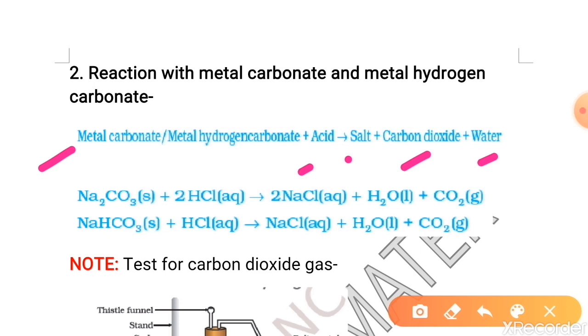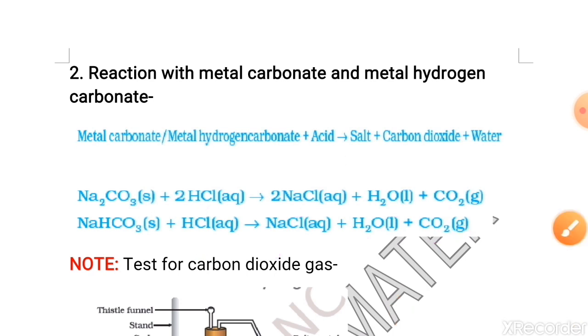Now we will see a few examples. First is sodium carbonate. When it reacts with HCl, it forms the salt NaCl, water and carbon dioxide gas. Similarly, when sodium hydrogen carbonate reacts with HCl, it also forms salt NaCl along with water and carbon dioxide gas.